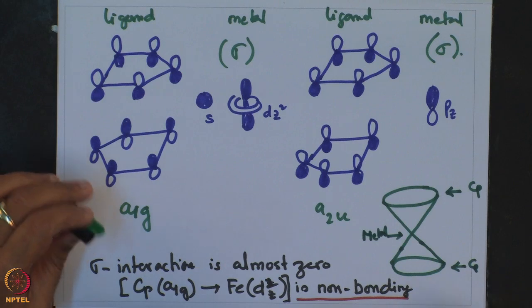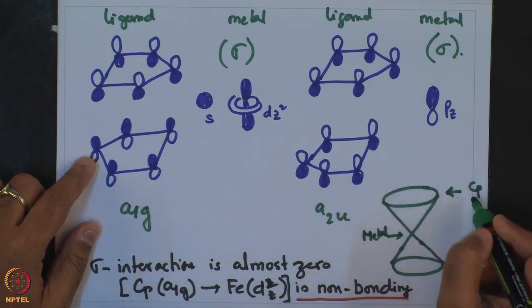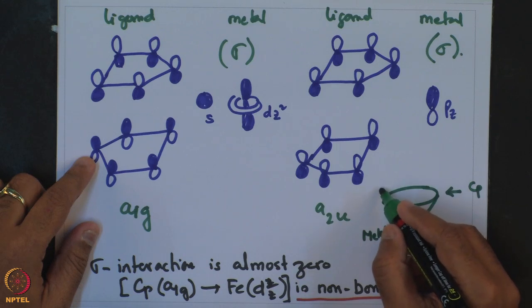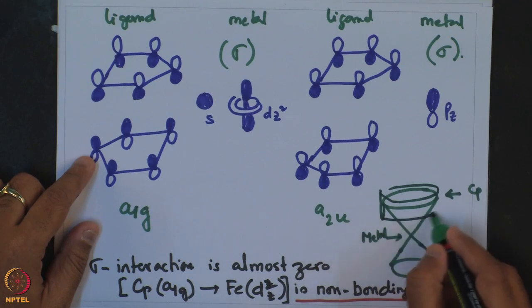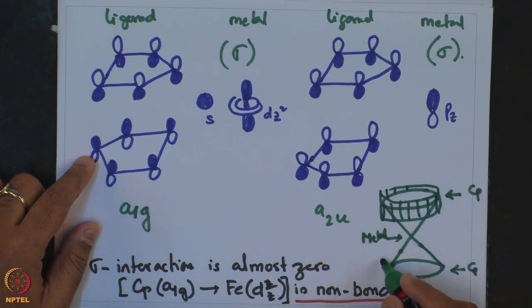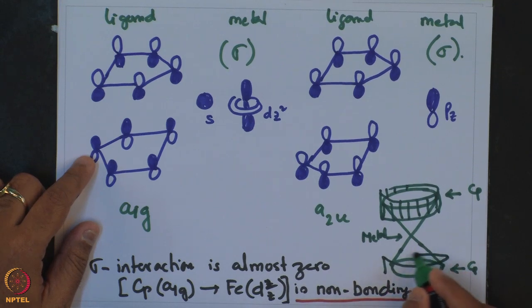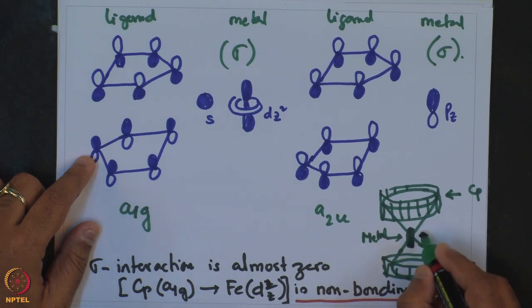Now, if one were to look at these ligand orbitals, or the Cp orbitals, the Cp orbitals would be along the periphery of the ring, somewhere over here, same thing over here, whereas the metal orbitals will be in the core, somewhere over here.